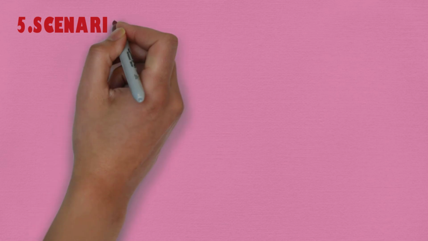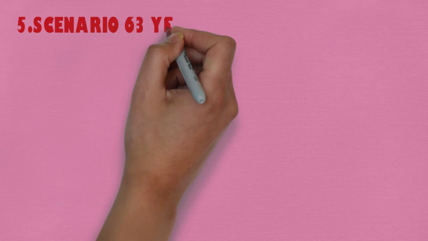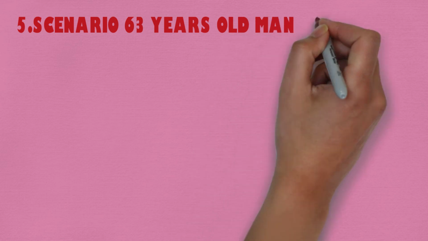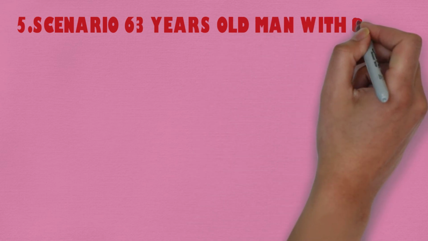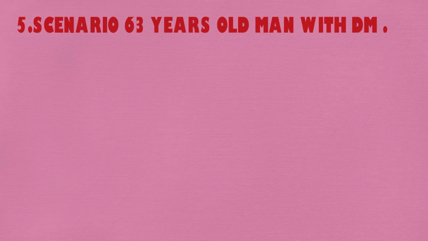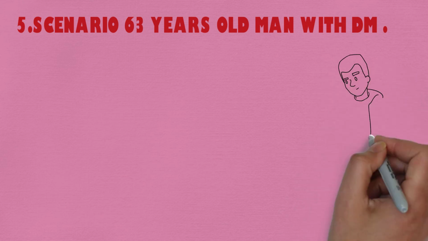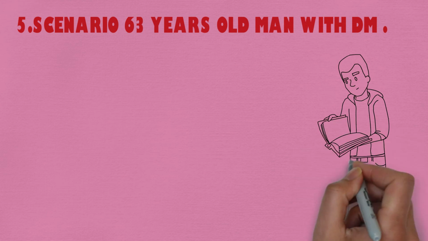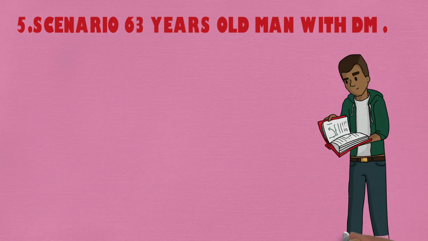The next station is a scenario of a 63-year-old, or sorry, old man with diabetes mellitus. As you all know, if someone has diabetes mellitus, of course they will be on insulin therapy or medication for reducing the glucose level.